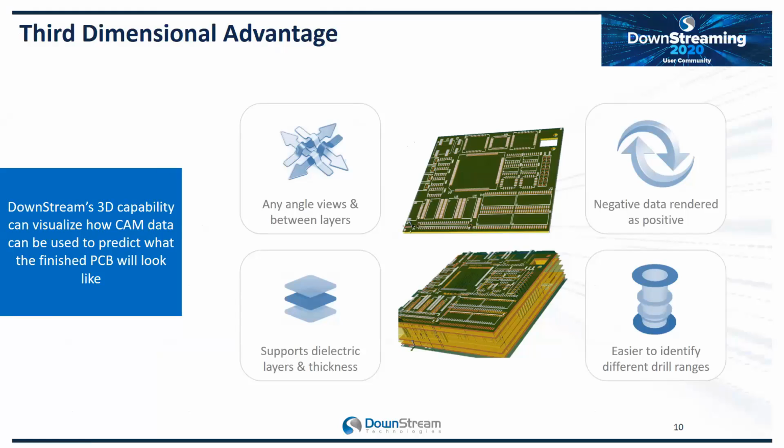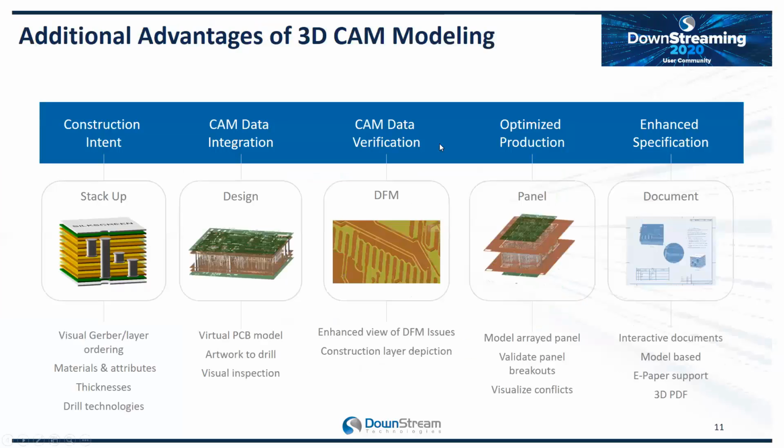We can take negative data and render it into a positive format, not convert it, but show you what it would look like in that finished PCB component. And obviously, because we're able to look at the board in 3D, it's easier to discern what might be a blind and buried via, what might be a through hole, what might have a back drill. So 3D gives us more information to be able to determine whether the design is ready to commit to manufacturing.